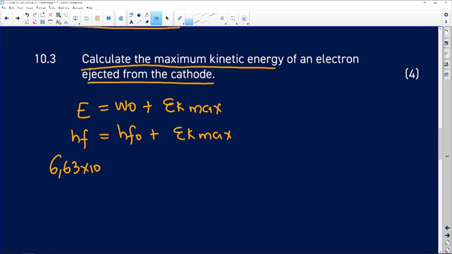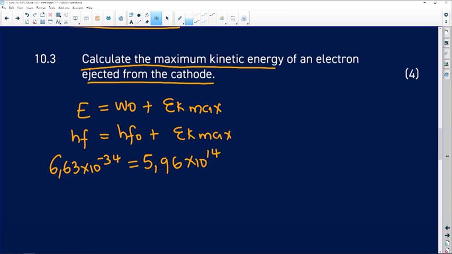times 10 to the power negative 34, which will be equal to, I have the frequency, which is given here as 5,96 times 10 to the power 14.